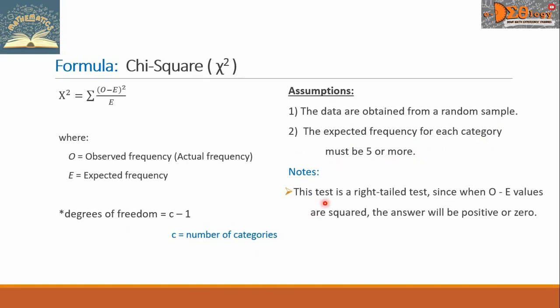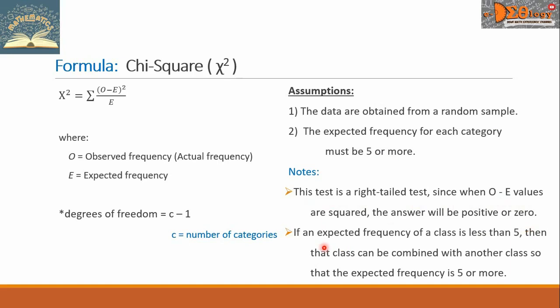This chi-square test is a right-tailed test, since when capital O minus capital E values are squared, the answer will be positive or 0. Second, if the expected frequency of a class is less than 5, then that class can be combined with another class, so that the expected frequency is 5 or more.